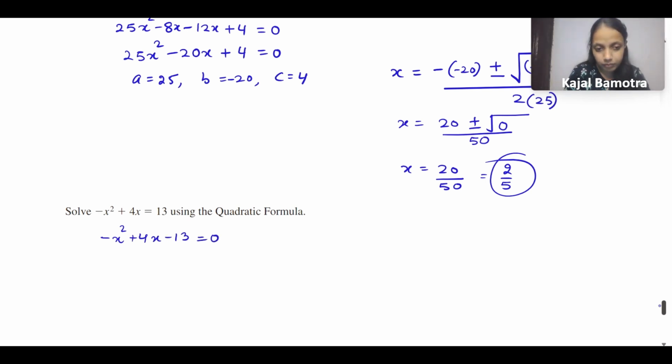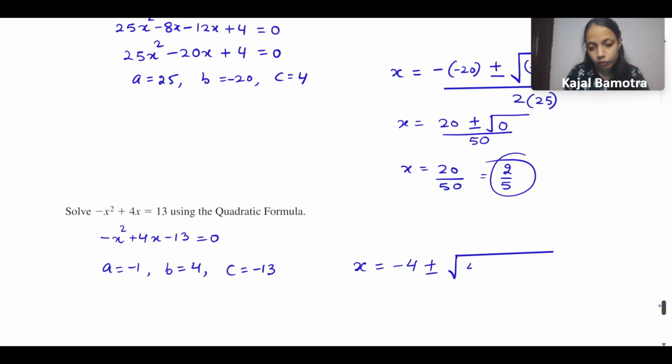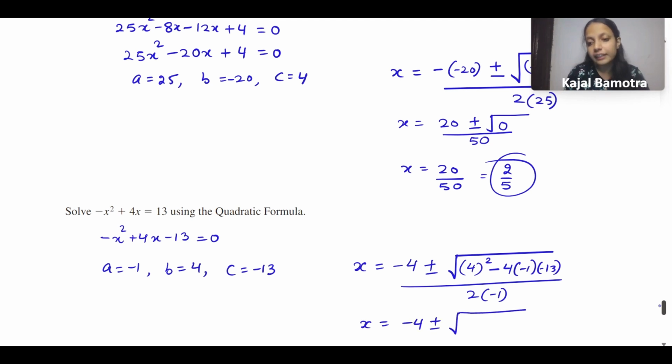A is negative 1, B is 4 and C is negative 13. x equals negative 4 plus minus square root of b square minus 4ac over 2 times negative 1. So negative 4 plus minus square root of 4 square is 16, negative negative is positive, negative 13 fours are 52, so 16 minus 52.